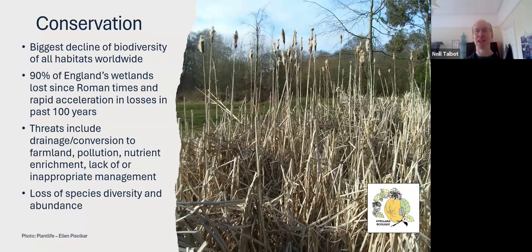You may be able to get that information from your local records centre as well. They should have a habitat layer within their mapping system, and I think they should be able to let you have a summary of that.